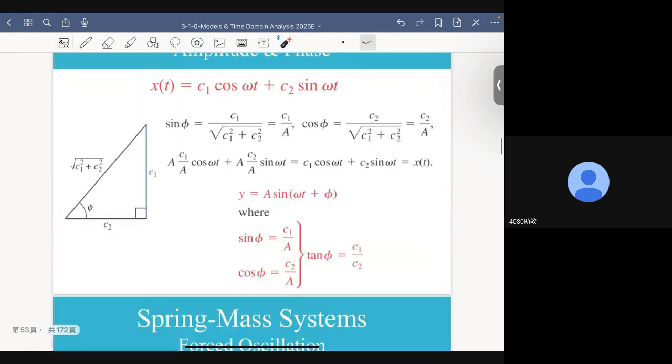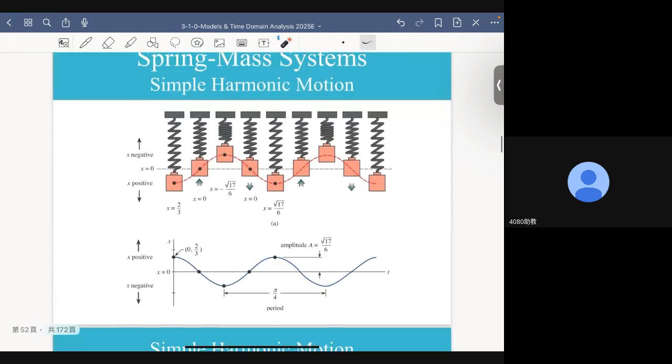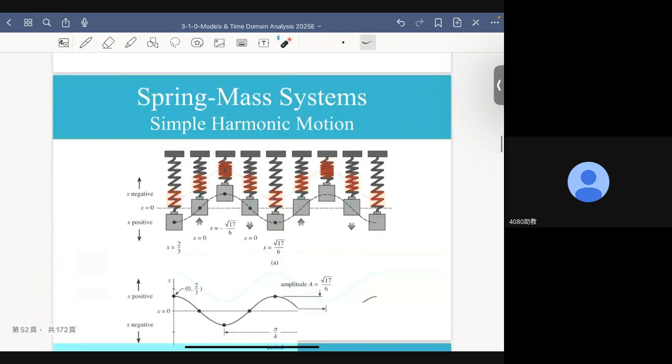Now, next, what I want to show you is that using this representation to represent simple harmonic motion is mathematically valid, but is not that meaningful. We want to represent simple harmonic motion in a more physically meaningful way, okay?